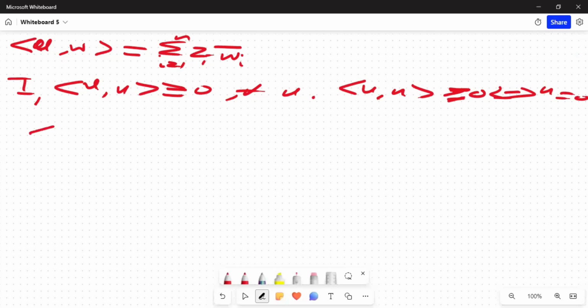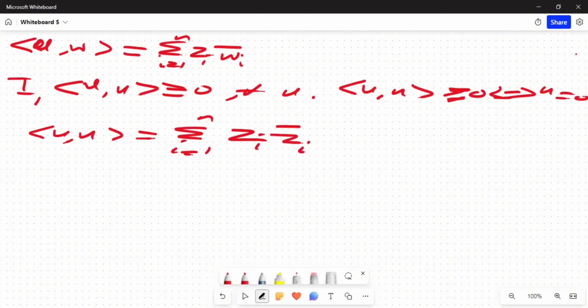So by the way this inner product is defined, the inner product of u, u will be equal to what? The summation, i running from 1 to n, of zi times zi conjugate. When you multiply a complex number by its conjugate, you get the modulus squared.